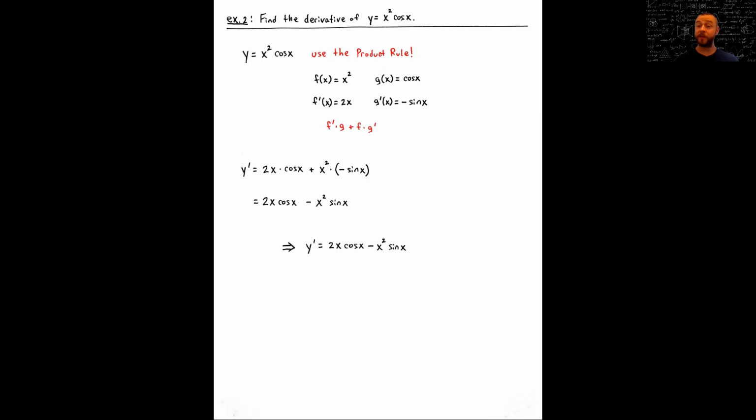You hopefully have an easier time applying the product rule at this point in the course. So that's really it for example 2. Straightforward application of the product rule. The only new part is we have to know the derivative of cosine of x, which is negative sine of x.